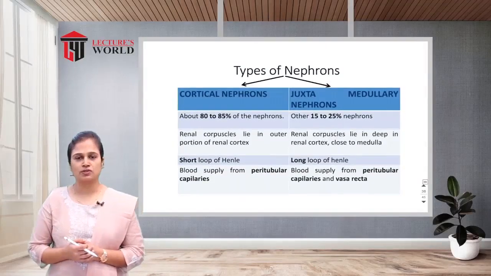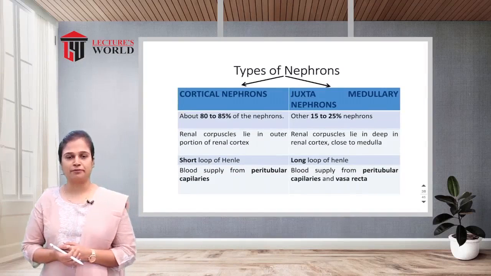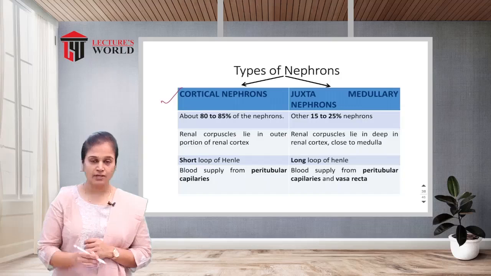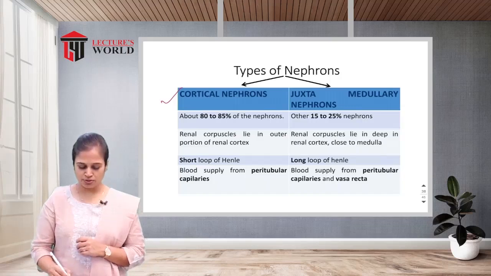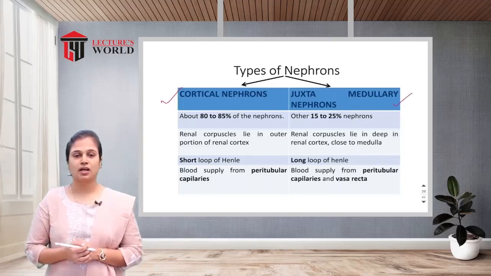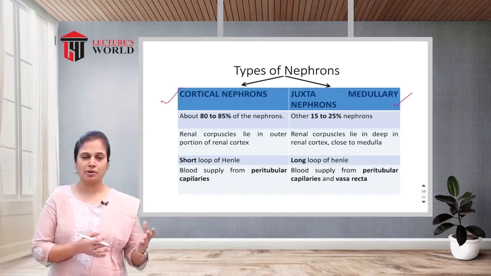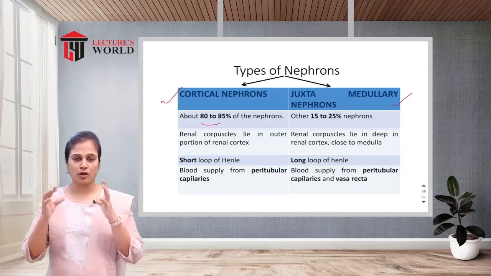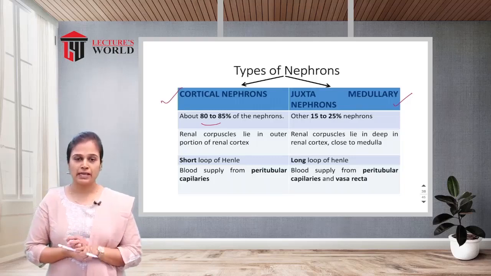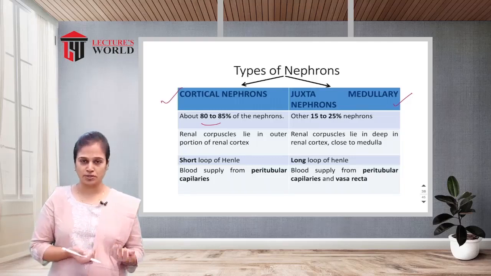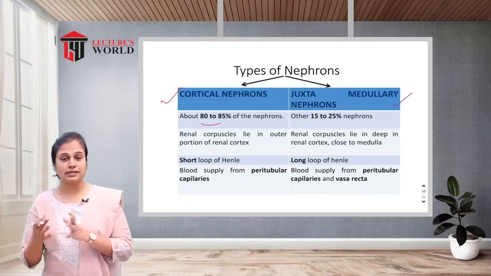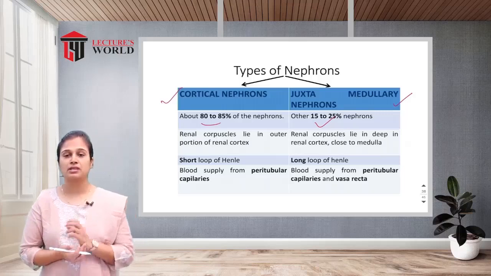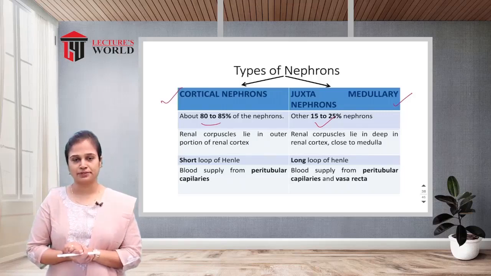Now we will talk more about the types of nephron. There are basically two types of nephron: cortical nephrons and juxtamedullary nephrons. Cortical nephrons are about 80 to 85% of the nephrons, and the remaining 15 to 25% are juxtamedullary nephrons.